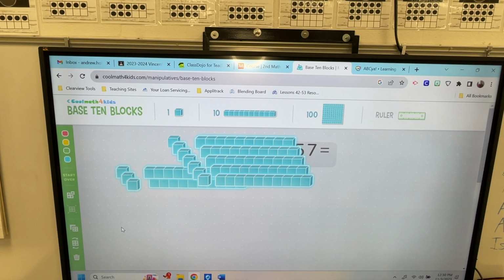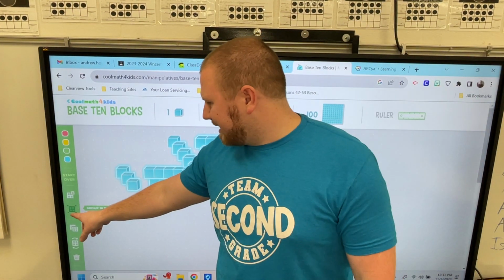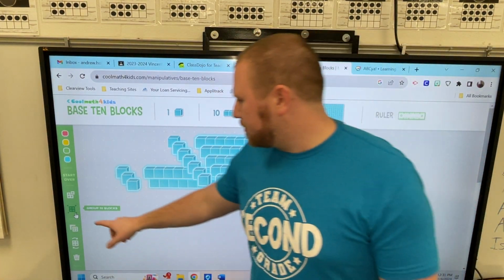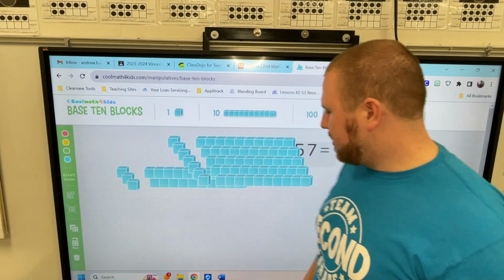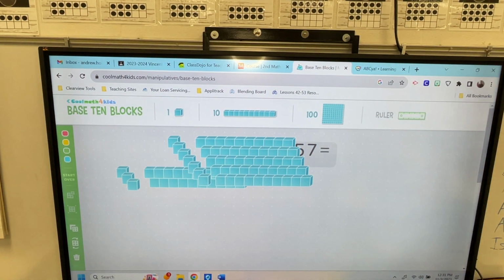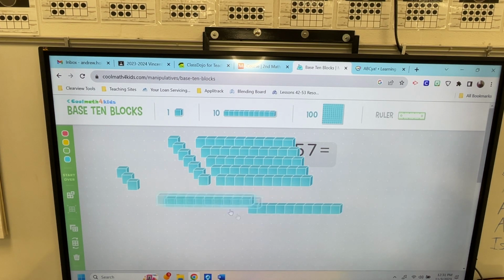And I want to see, do I need to group them together? Over here on the side, it will show that you can group 10 blocks together to make another group. So if I try it, I don't know if I can. I might have to do just these ones over here. So let me group my ones. I'll move the 10s out of the way, and I will group these ones over here.